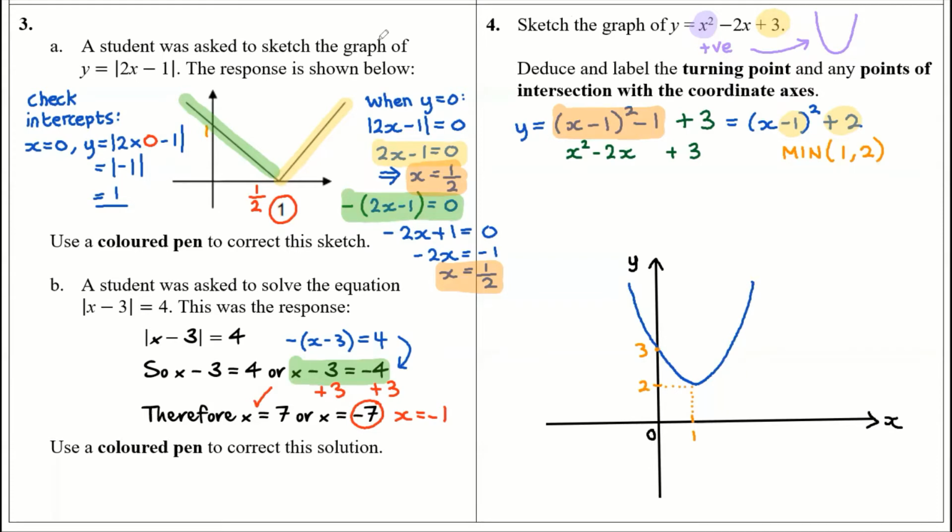And if you weren't sure whether there were x-intercepts or not, completing the square will tell you that, because the minimum is obviously above the x-axis. This value here, 2, is greater than 0, so there's not going to be any roots whatsoever. But you could also use the discriminant.